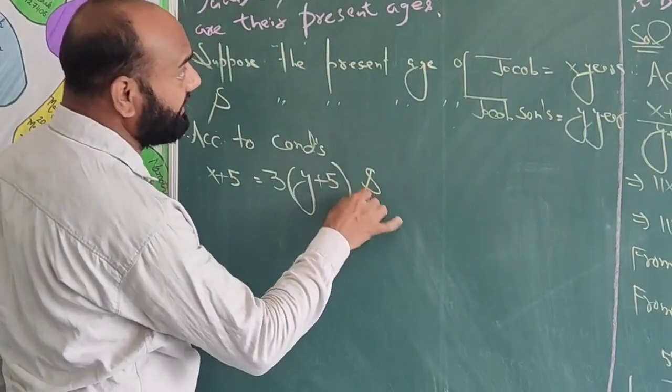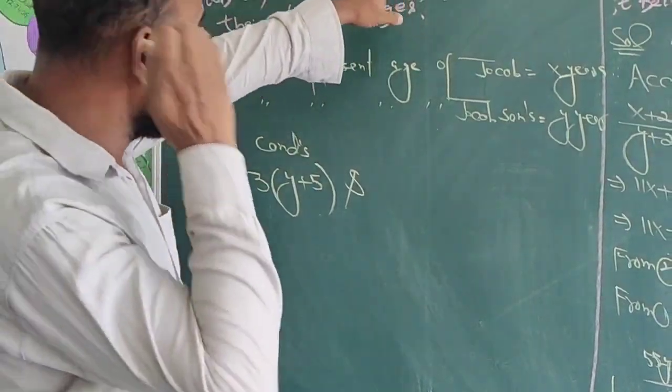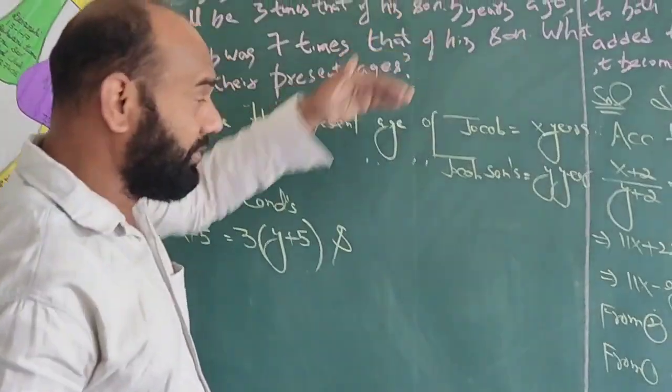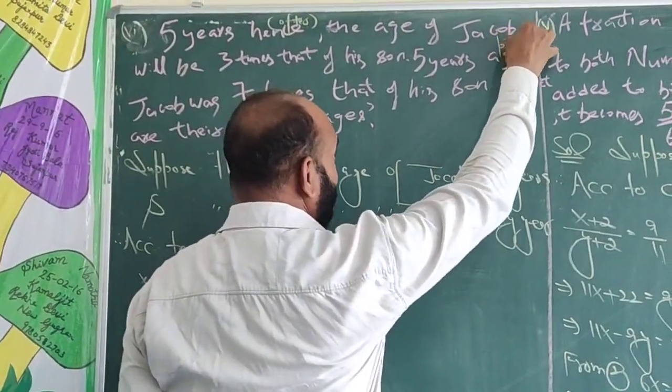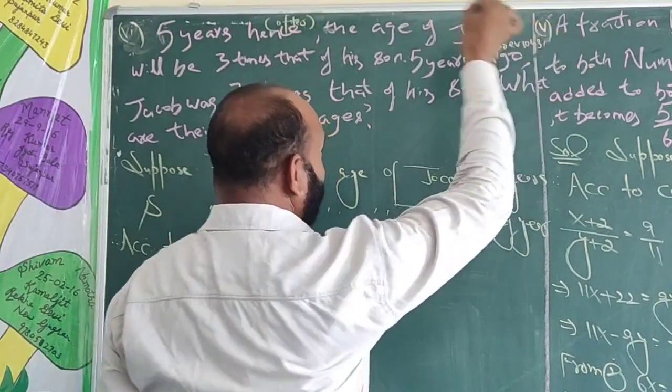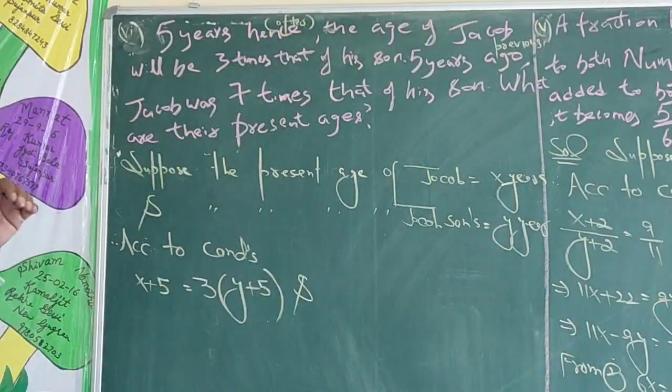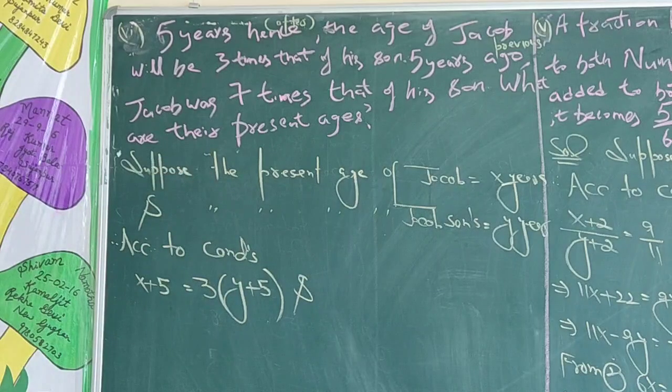And according to the second condition, it is also given 5 years ago, where ago means previous. So 5 years ago Jacob was 7 times the age of his son.